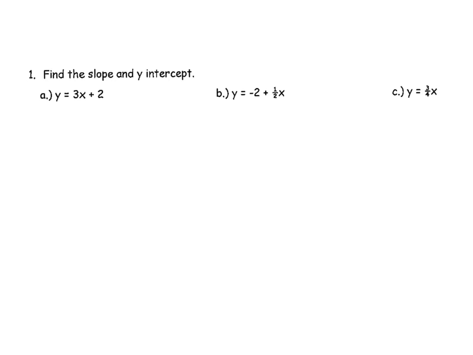So now what we're going to do is practice what I just asked you to identify. What's the m and what's the b? What's the slope and what's the y-intercept? So on number 1a, which number is the slope? 3 or 2? 3.